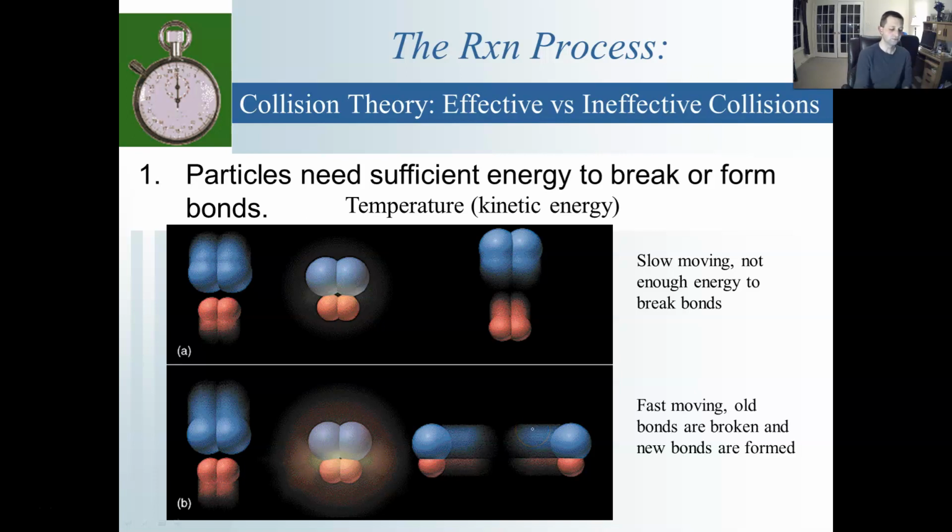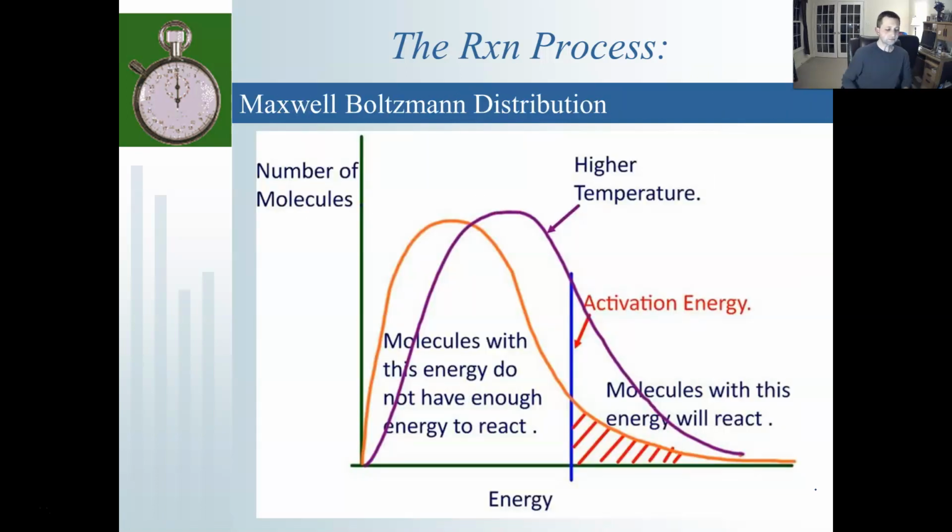So H2 plus I2 yields 2HI. Looks like that's the reaction that's occurring here. So in the one underneath, the faster moving particles help our old bonds break and our new bonds form. The better your temperature, the more kinetic energy you have, the better your opportunity or chance of bonds being broken and new bonds being formed.